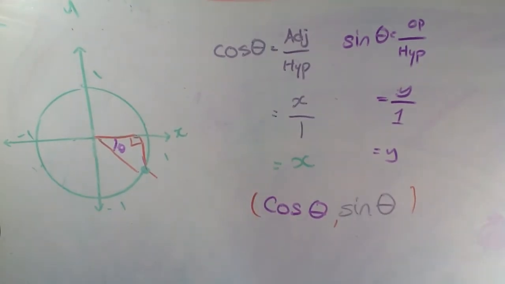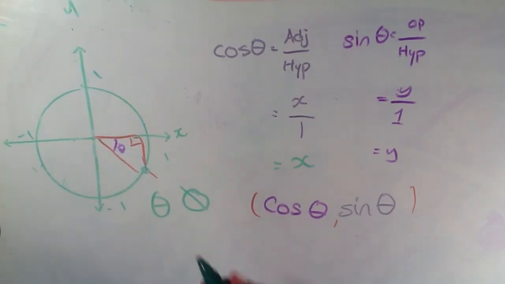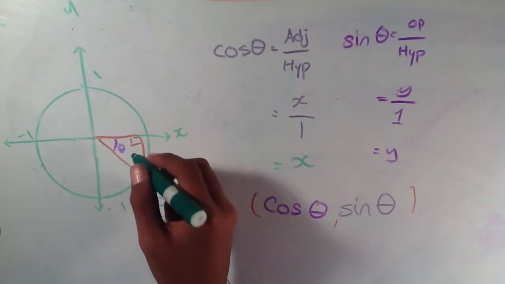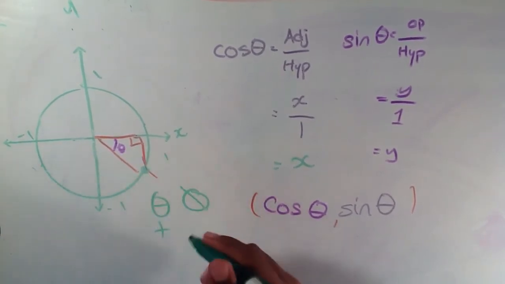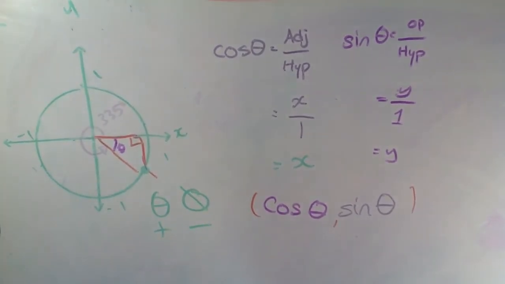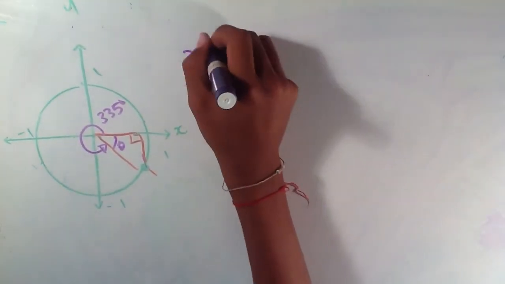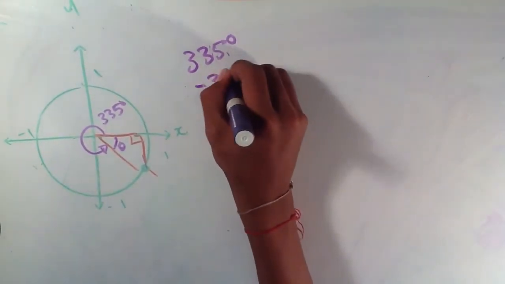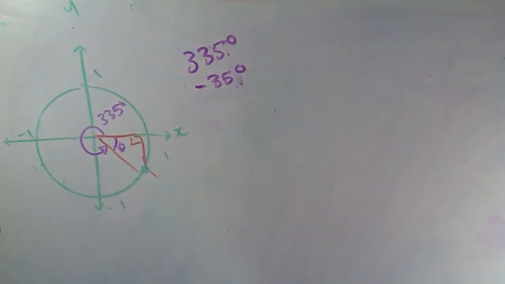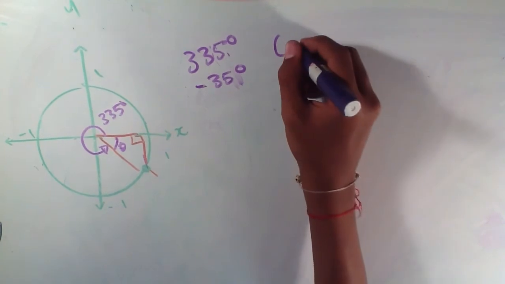Theta can be measured clockwise or anti-clockwise. If anti-clockwise, it would then be positive, and if clockwise, it would equal negative. If we consider this angle of 335 degrees, it is also equivalent to negative 25 degrees. If we want to find the coordinate, we then use the rule we found earlier.